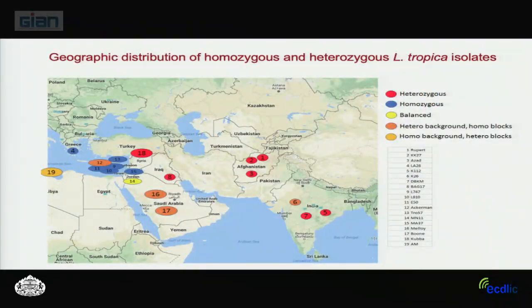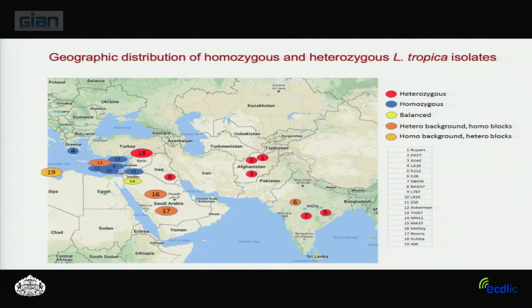And if we look at the distribution of these lines, it's in these Middle Eastern regions, in Israel and Jordan and Syria, that you find mainly these homozygous lines. And it's these heterozygous lines, consistent with some natural outcrossing event, as you go eastward, including all the way to India.